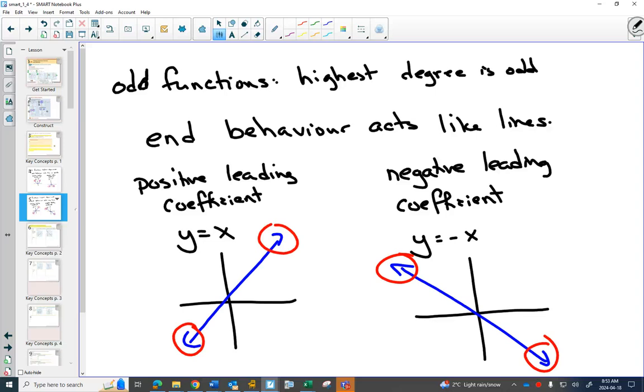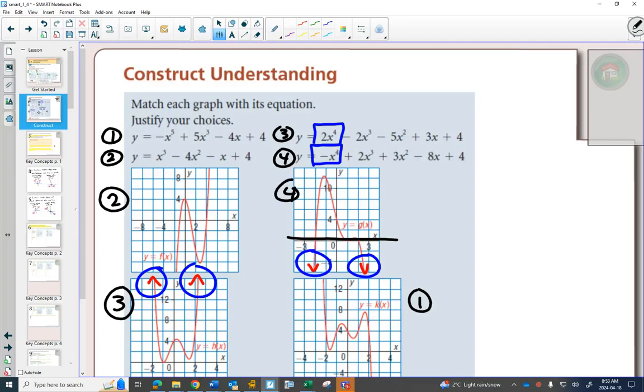So already we have developed a number of strategies for matching graphs to equations. To recap, if we look at these first ones, notice that graph number 2 right here is the x cubed graph. It has a positive leading coefficient.